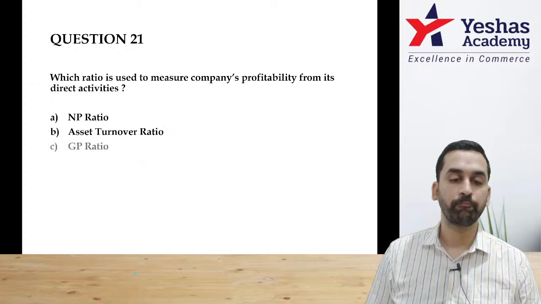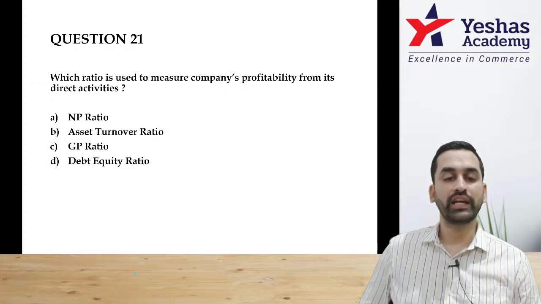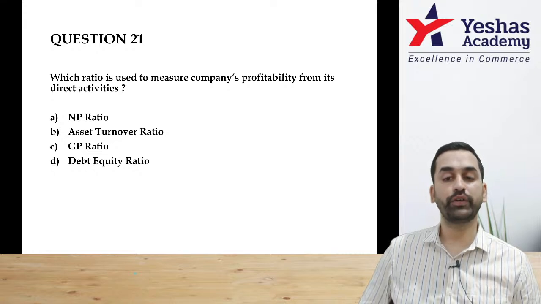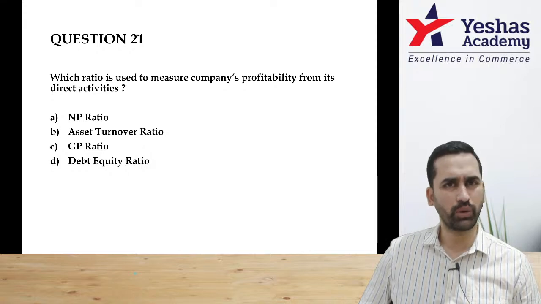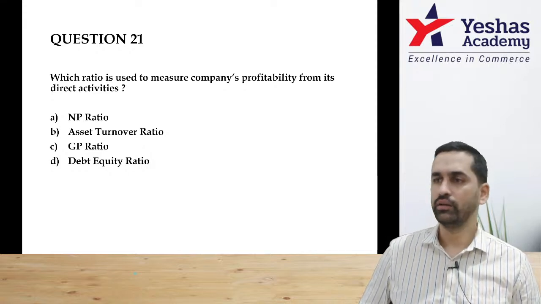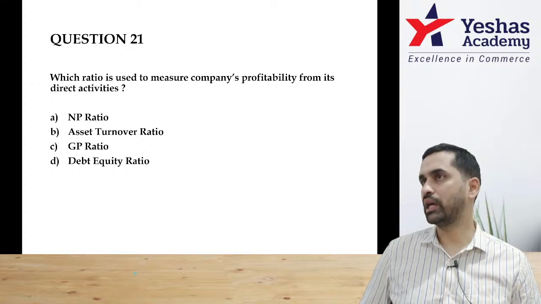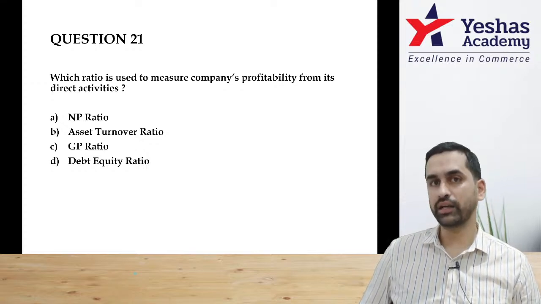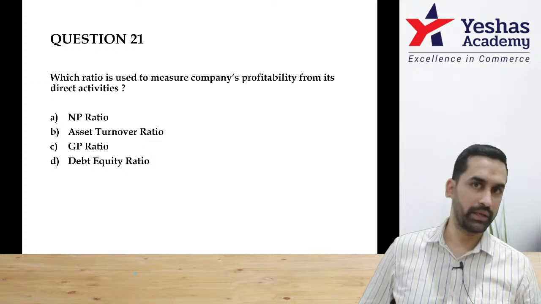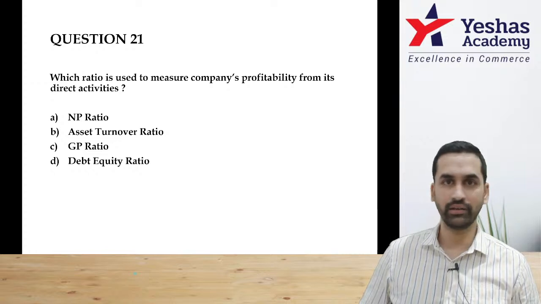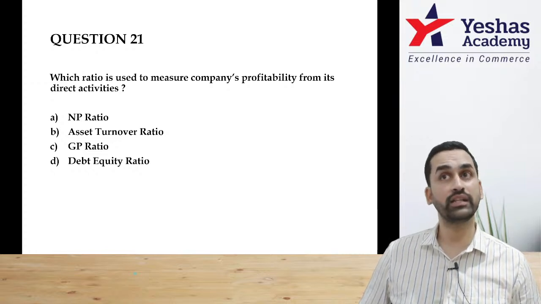Question 21. Which ratio is used to measure a company's profitability from its direct activity? Direct activity means what? Buying raw material, doing the production, selling products, correct? That means this is all about your trading account activities: opening stock, purchase, direct wages, fuel, water, gas, heat, and on the credit side, sales, closing stock.